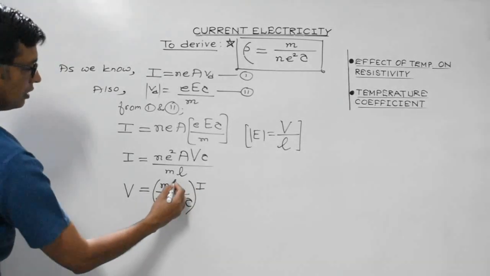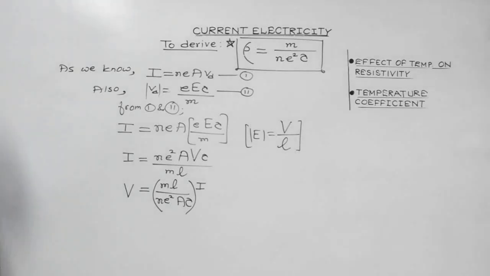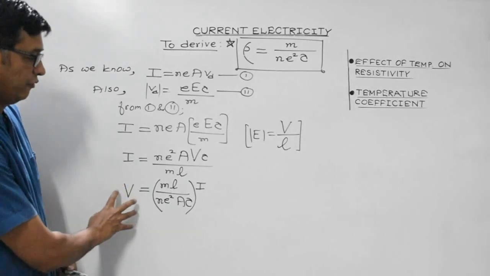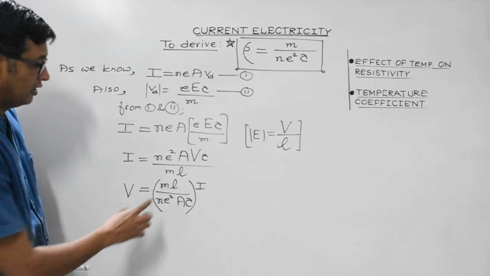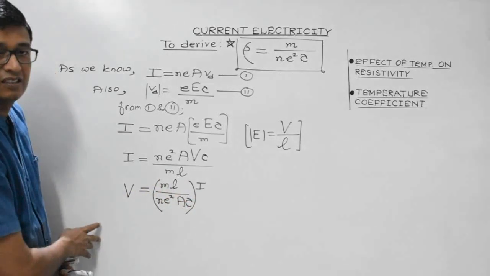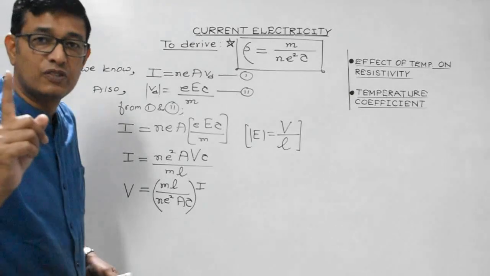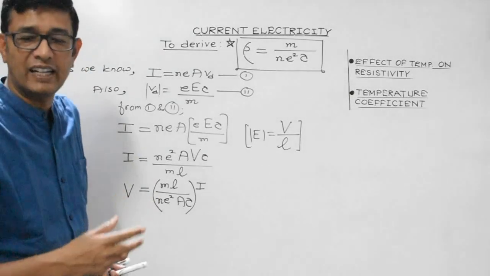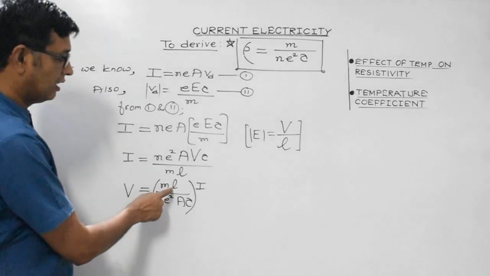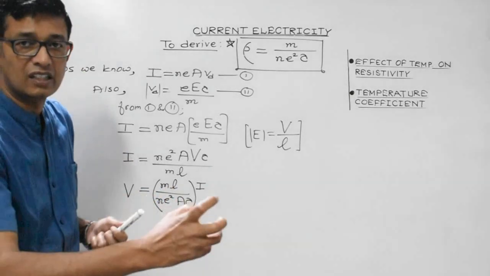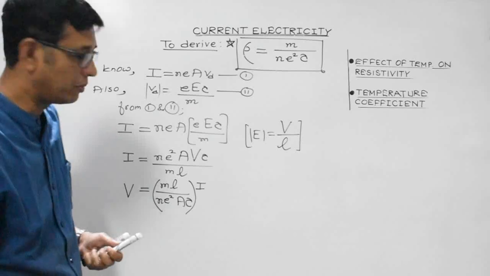Now look, just concentrate on this obtained expression. V is the potential difference, I is the current flowing through the conductor. Now concentrate on the term inside the bracket. M is the mass of the electron, which is 9.1 into 10 to the minus 31 kg, which will be constant. Length and area for a given conductor, its dimensions will remain the same, it will be constant.